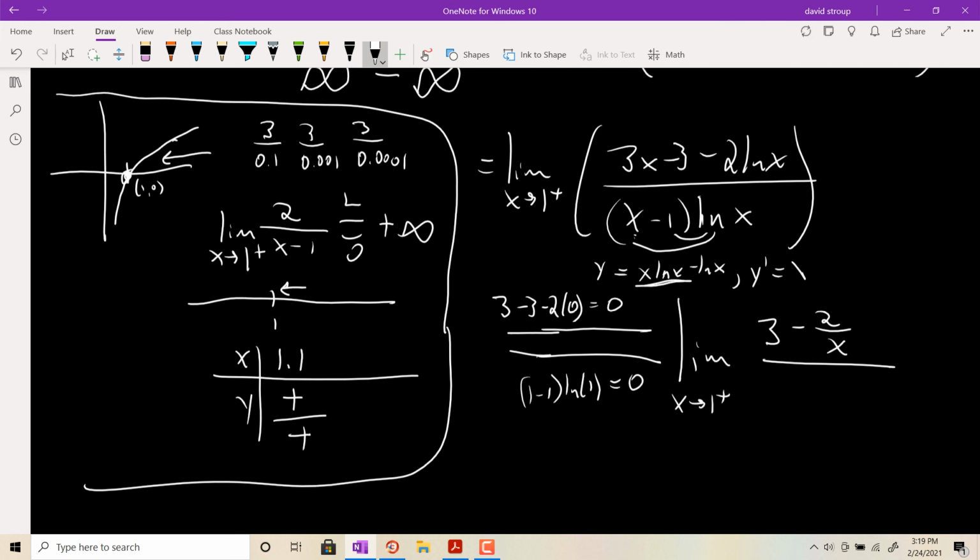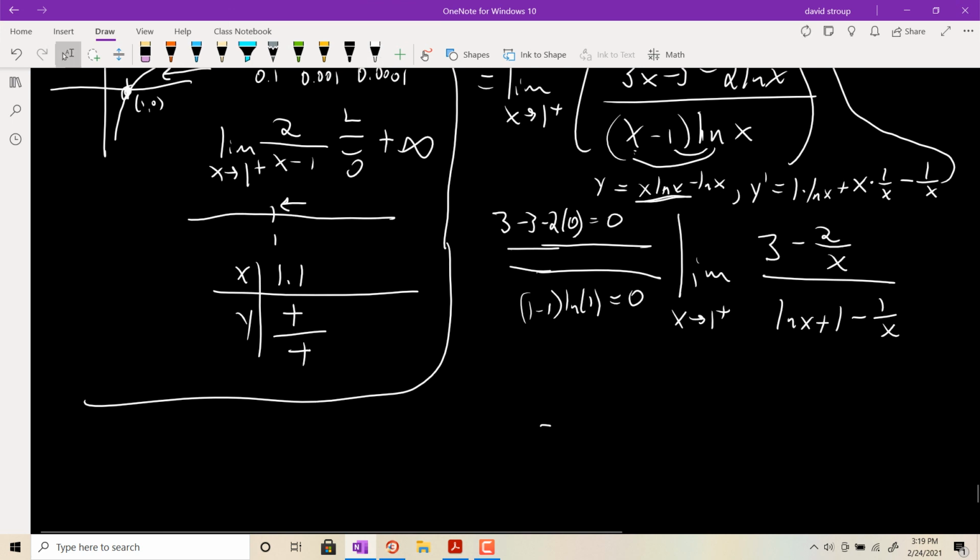So it's the derivative of x first, 1 times ln x, plus, leave x alone, times the derivative of ln of x, and then minus the derivative of ln of x. So what does that equal? That's ln x plus 1 minus 1 over x.